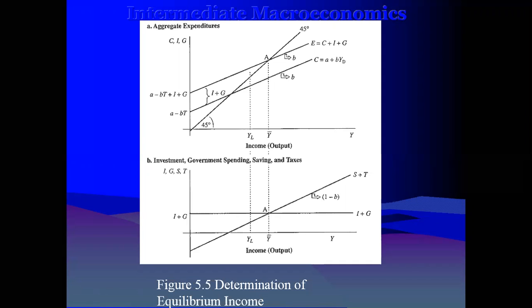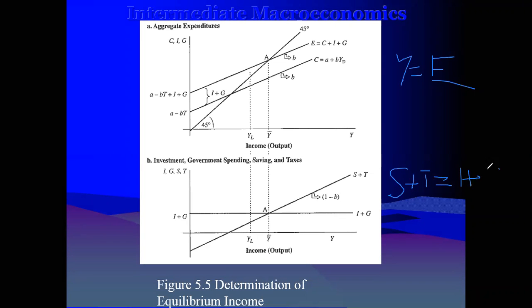Can you go over? Okay. What I'm saying is we stated previously that the equilibrium condition is either Y is equal to E, or the leakages are supposed to be equal to the injections.